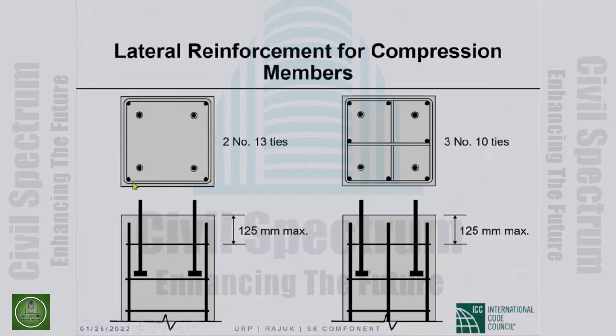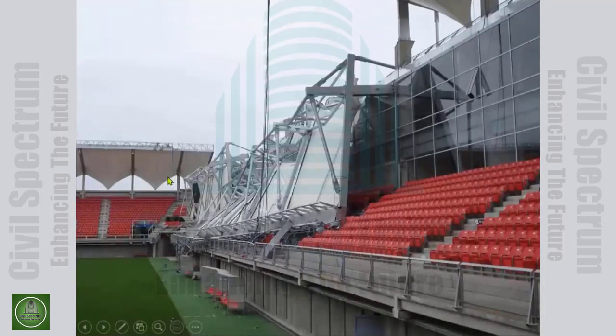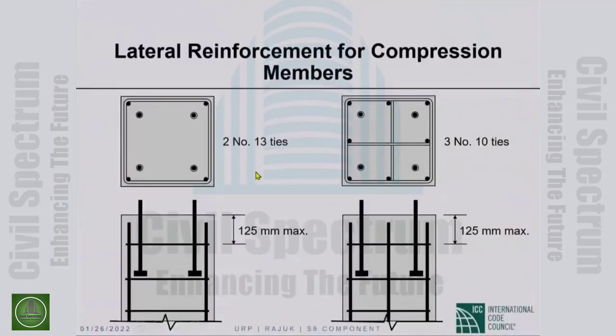These are the anchor bolts, these are the vertical column bars. We will confine the anchor bolts by providing those ties around the column reinforcement, and there shall be 3 10 millimeter or 2 13 millimeter ties within the 125 millimeter distance.